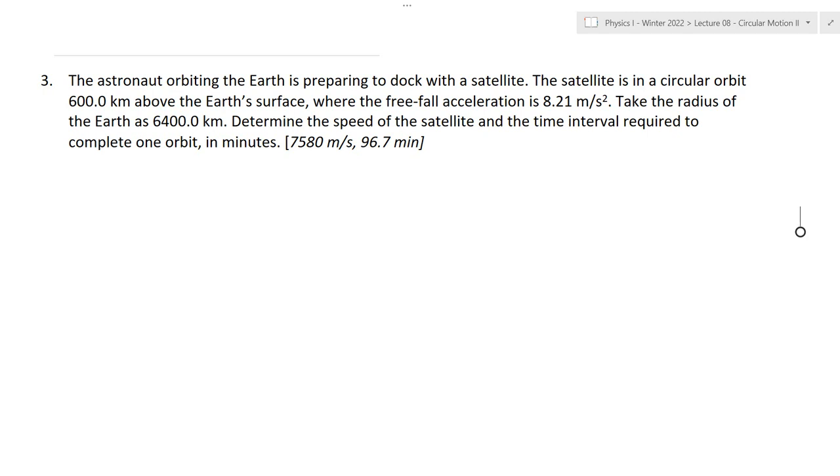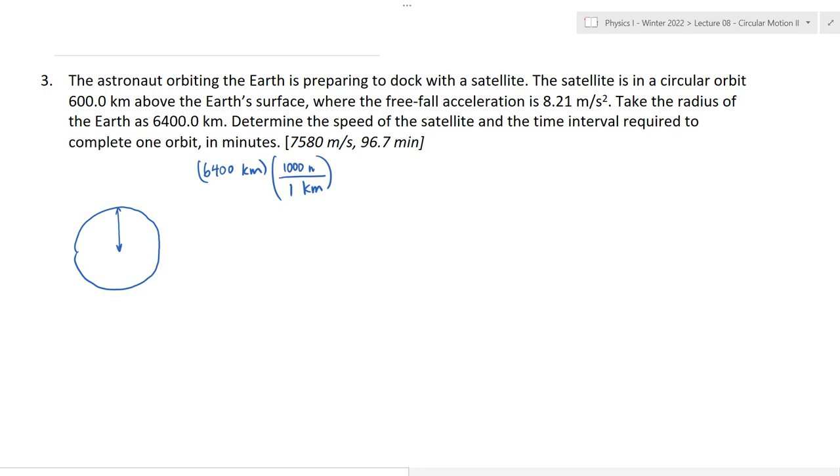Okay, let's draw a picture of what's happening. So we've got the Earth here. I'm just going to draw the Earth. And it tells you that the radius of the Earth is 6,400 kilometers. But that's in kilometers. We should really change the units. So 6,400 kilometers, 1 kilometer is 1,000 meters.